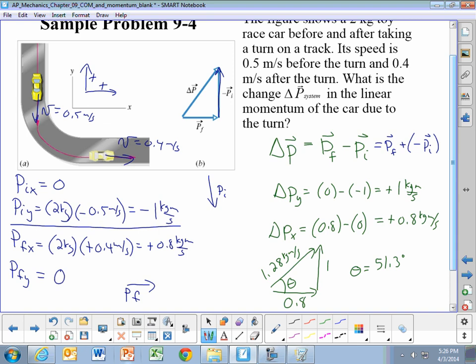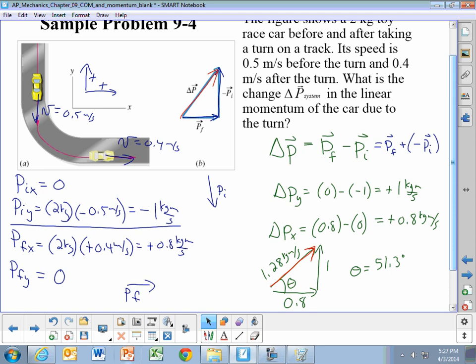The final momentum was to the right, and so the overall resultant vector is this vector right here, which is the same one that we found. The total change in momentum of this car is up to the right at a 51.3 degree angle. We're going to see that that means that the force that acted on it was in that exact same direction. The force is what causes that change in momentum.